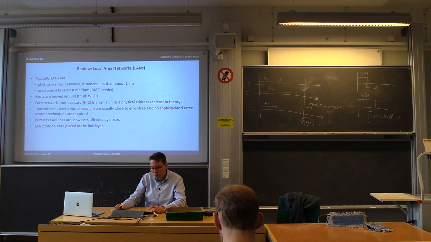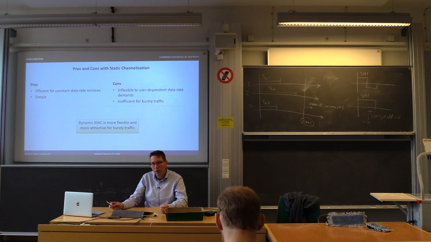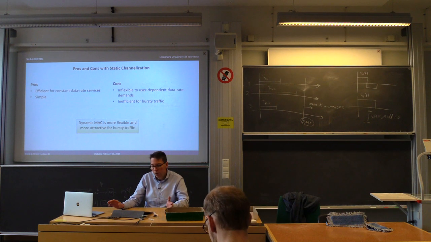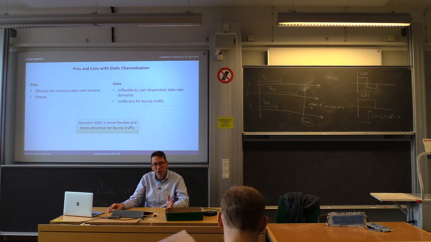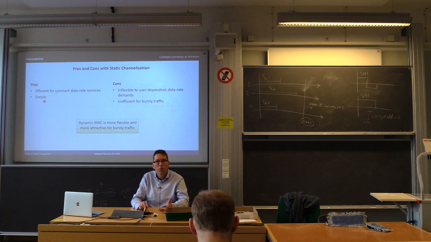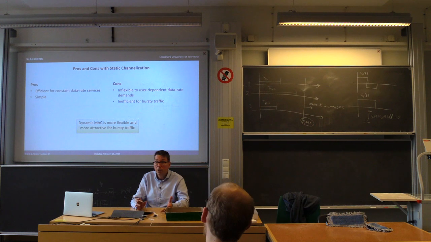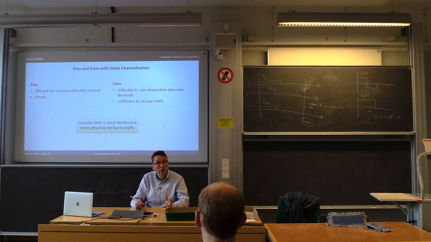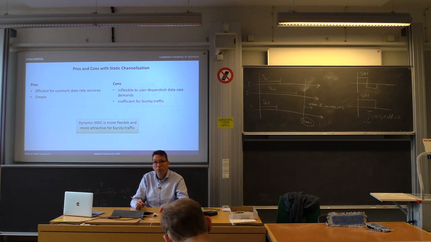Okay, so if we should summarize the pros and cons with this static channelization, it's very, very efficient for constant data rate services, and it's very simple. So for instance, when we use TV broadcast or radio broadcast, we know it's going to be essentially the same number of bits per second whenever they transmit, and it's easy enough to put them on one of these radio channels.